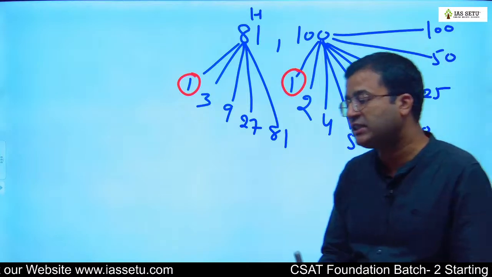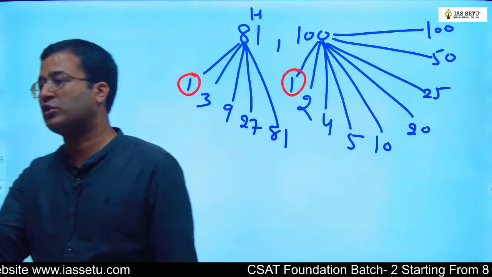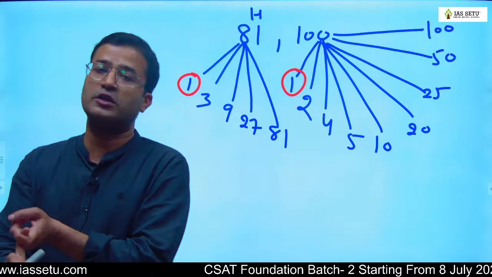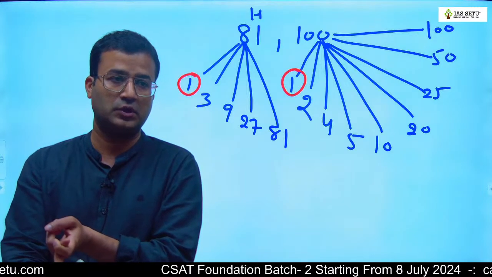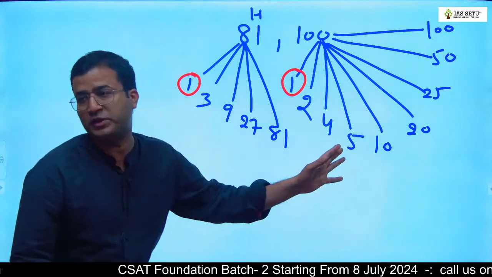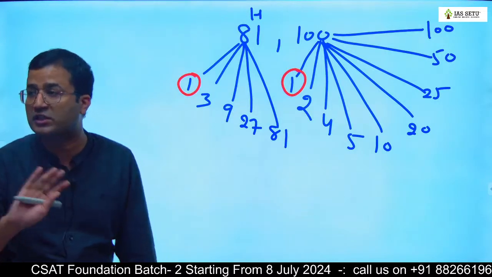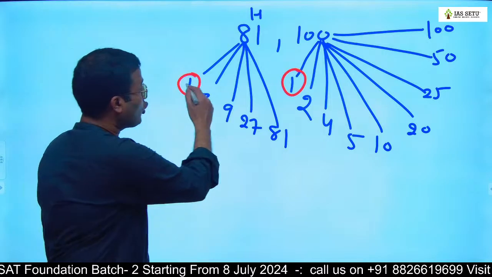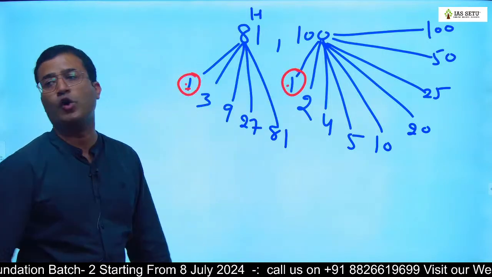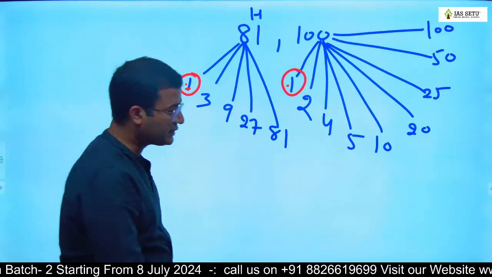So the condition is, any two natural numbers, if they have only one common relationship, they can have any number of relationships, any number of factors, there can be 10 factors, 20 factors, there is no restriction. But here the common factor has to be only one. Similarly like 16 and 25.